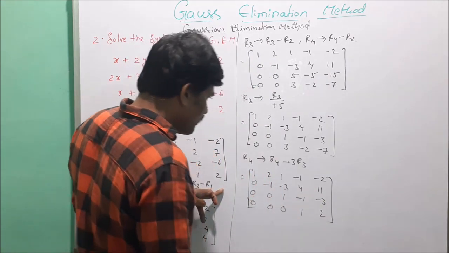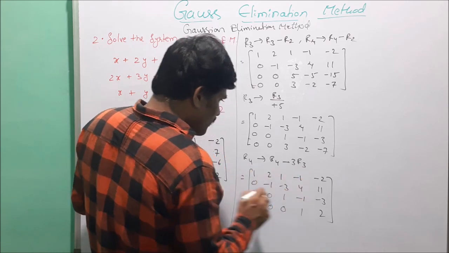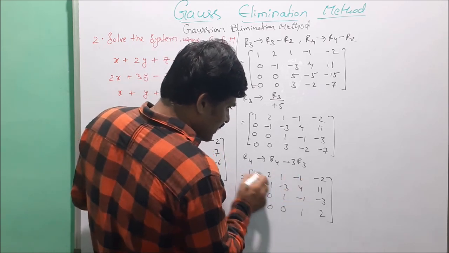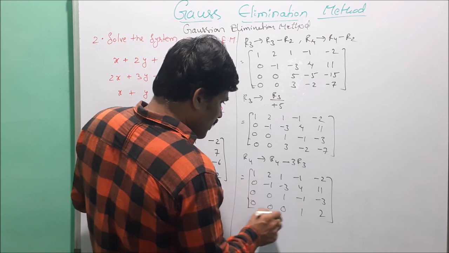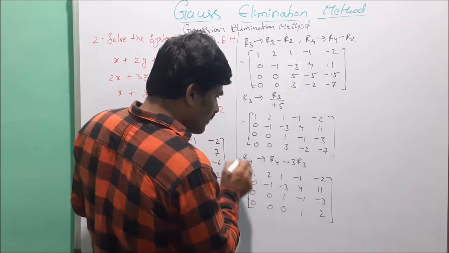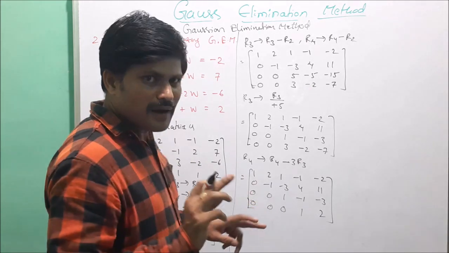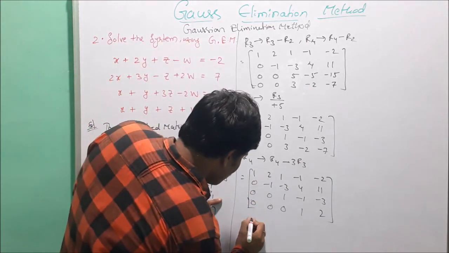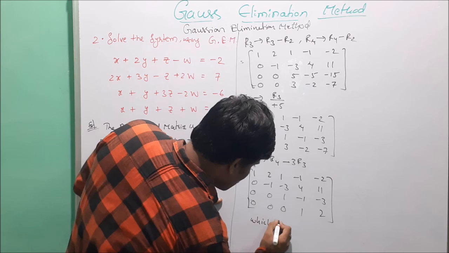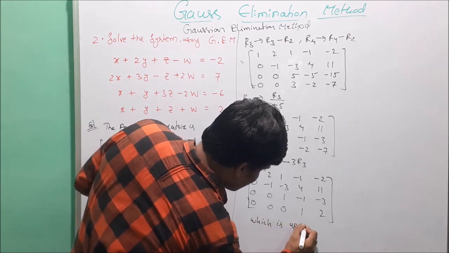Here we observe that in the coefficient matrix, this is the principal diagonal. Below the principal diagonal, all elements are zeros. So here we observe this is an upper triangular matrix.